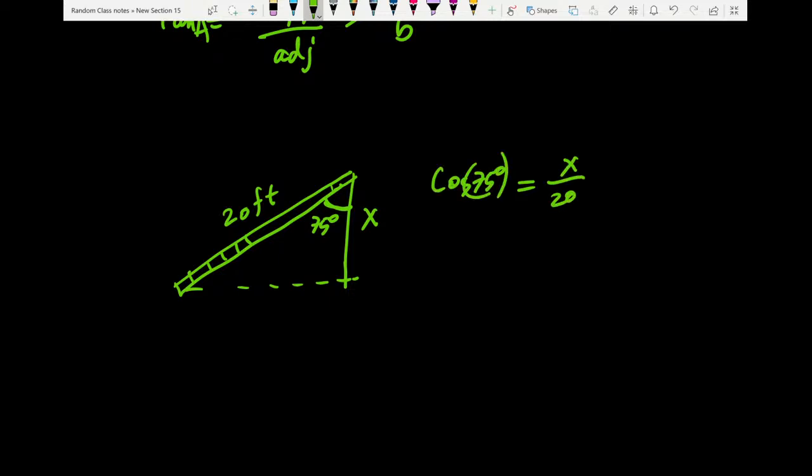Cosine of 75 degrees. So x equals 20 times cosine of 75 degrees. Try that with your calculator. Round to the second decimal place and you will get 5.18. I'll wait a bit until you get that.